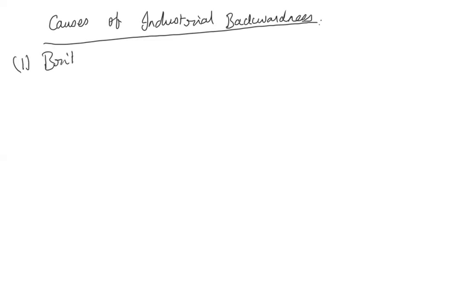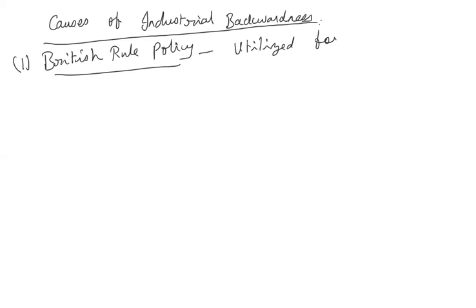the British rule policy. I already explained to you. The Britishers utilized our country for raw materials, isn't it? They utilized our country to export raw materials at a cheaper rate.